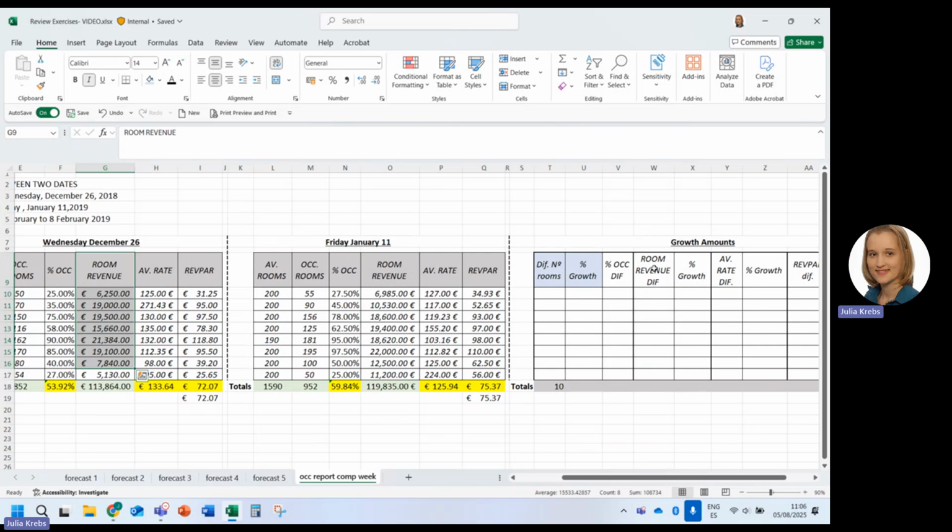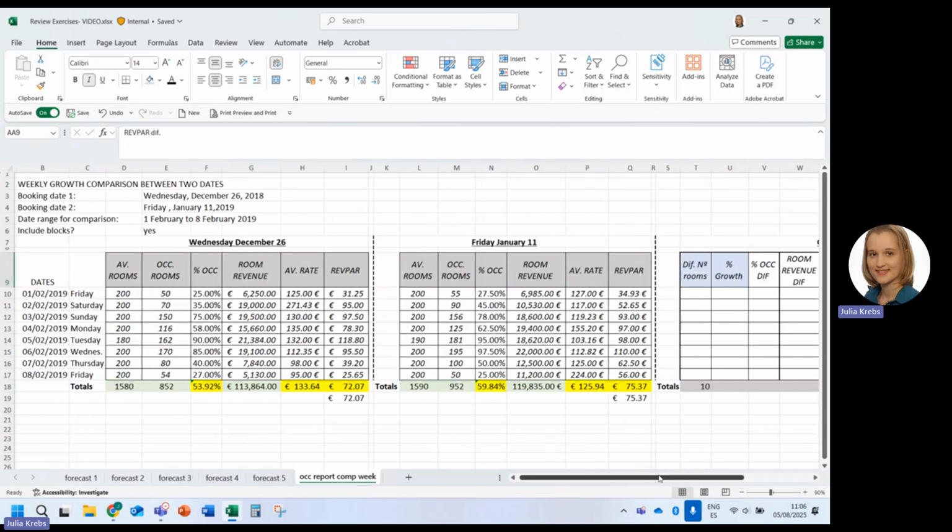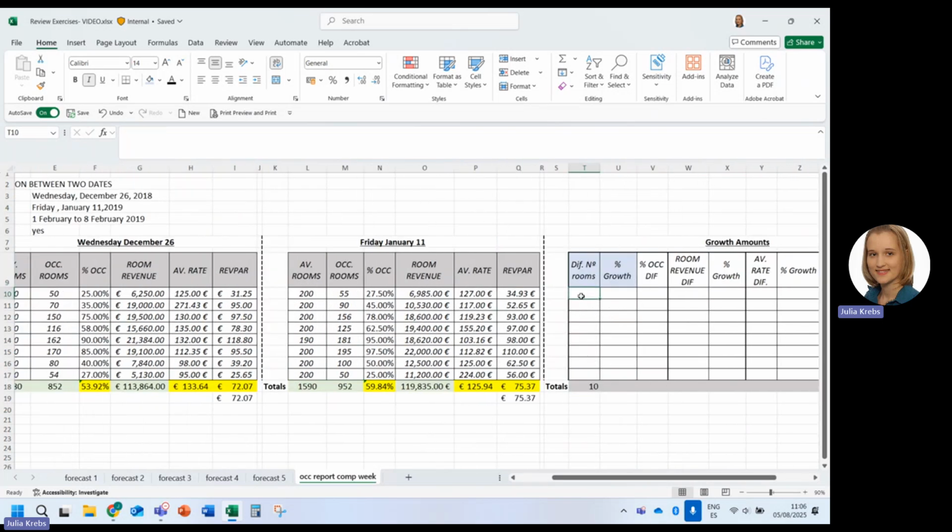And then we do the same. We calculate the difference of room revenue, the percentage of growth, the ADR difference and growth, and then the RevPAR difference and the growth of that, and then the totals. So here we go. First, we take the current rooms sold minus the rooms sold from the beginning, and then we can just drag this down.